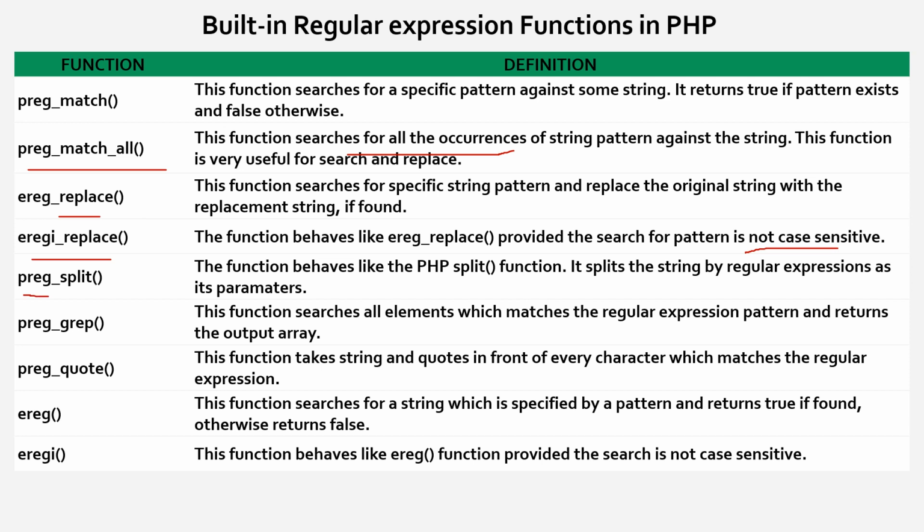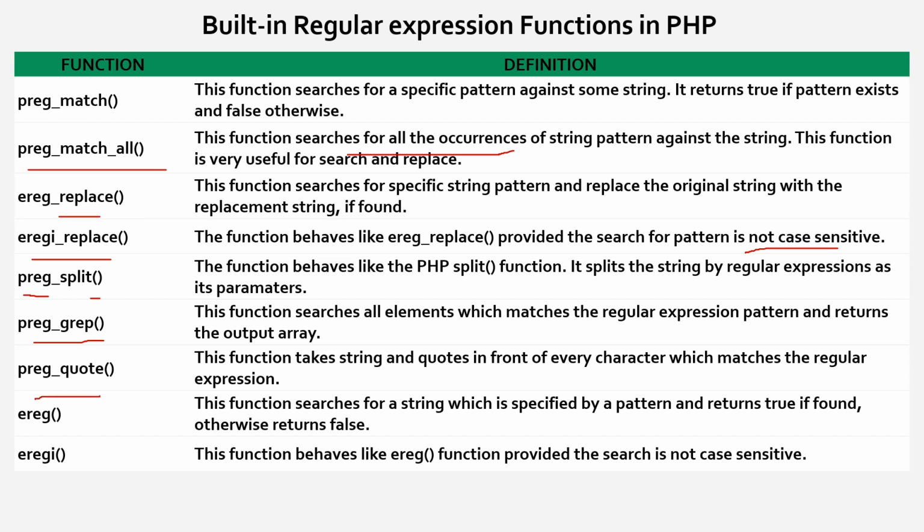Then preg_split is used to split the words in a particular string, and we can store them in an array. This is preg_grep. This function searches all elements which match the regular expression pattern and returns the output array. Whatever matches will be in the array, and it returns the array.